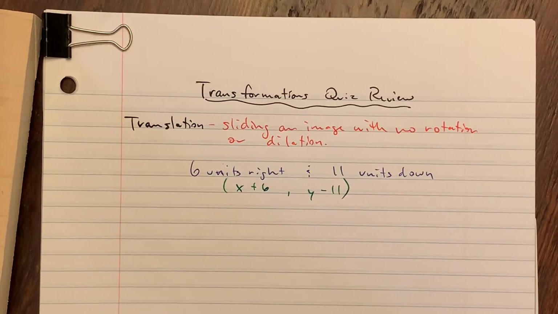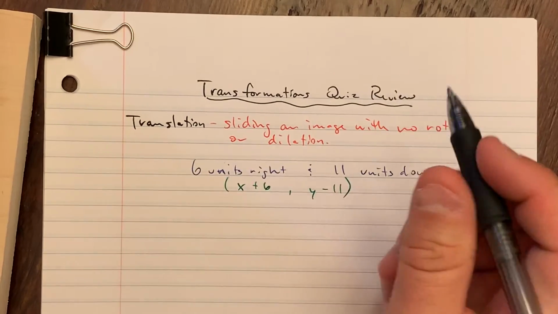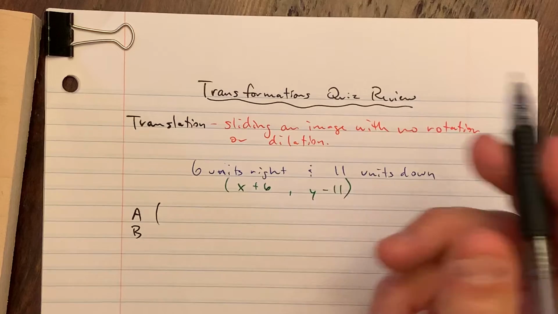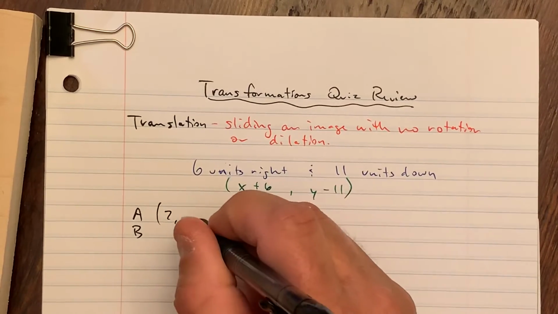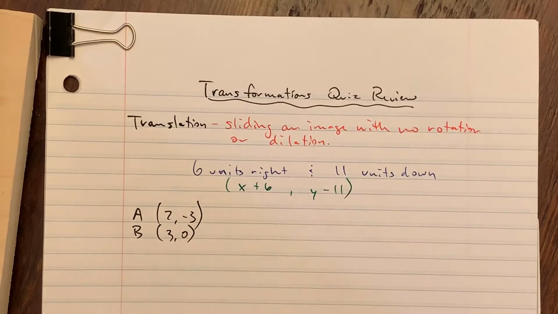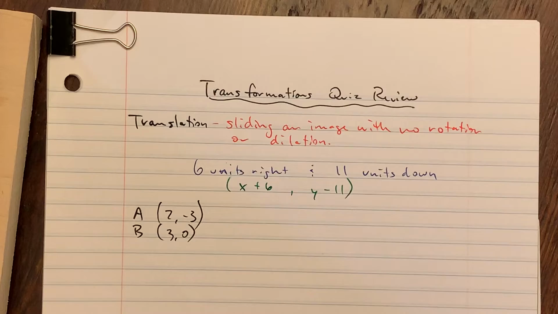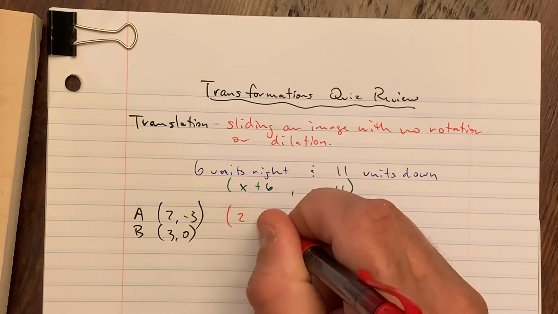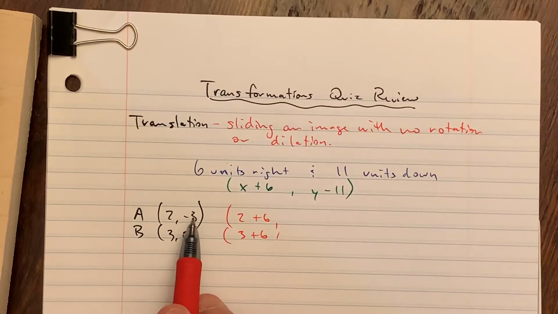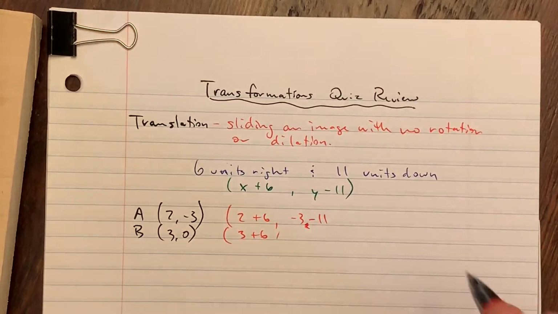So let's say, for example, I just have a line AB. Let's say it's (2, -3), (3, 0). If I'm going to use translation notation for this, I'm going to be adding 6 to my x's, but then subtracting 11 for my y's.